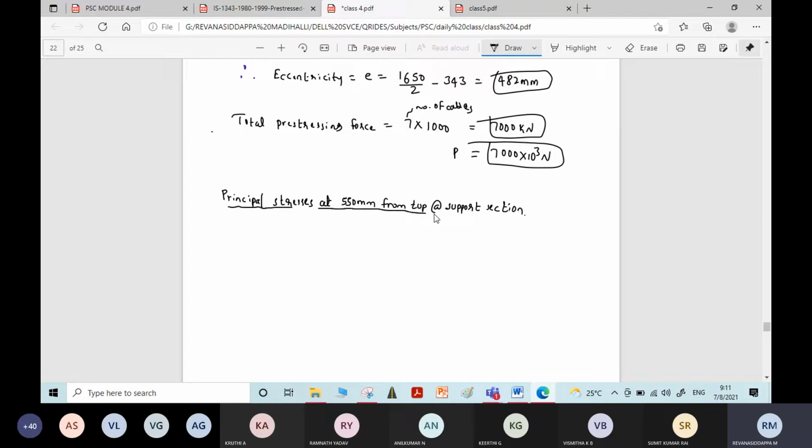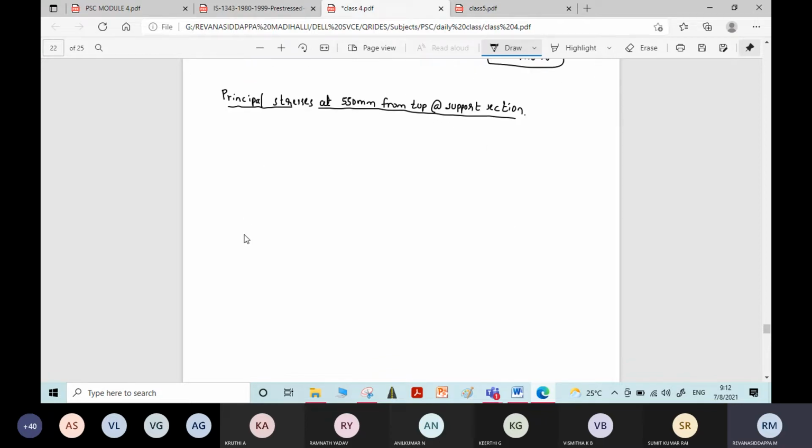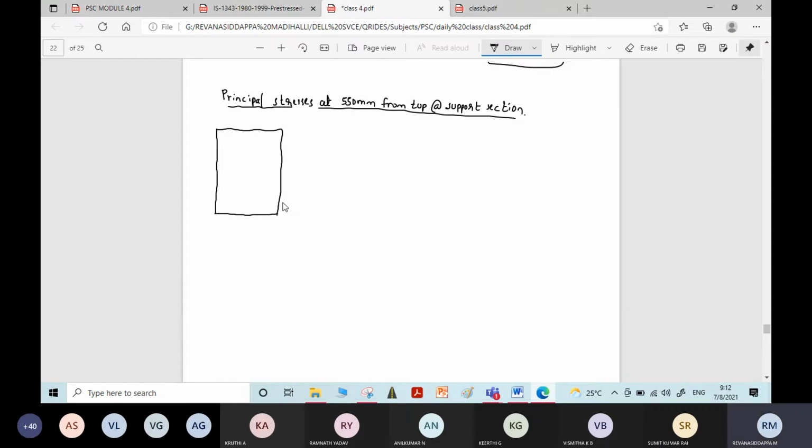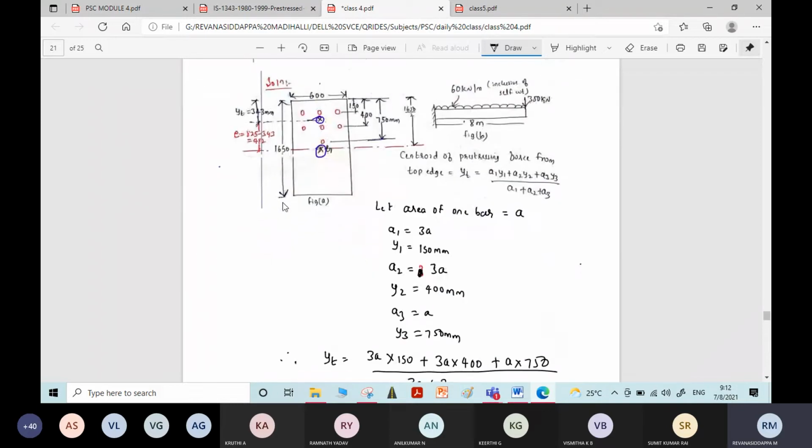That we will find. You write the figure of a cross section so that it becomes easy for doing the calculation. Write the figure of a rectangular section. The total depth is given as 1650.